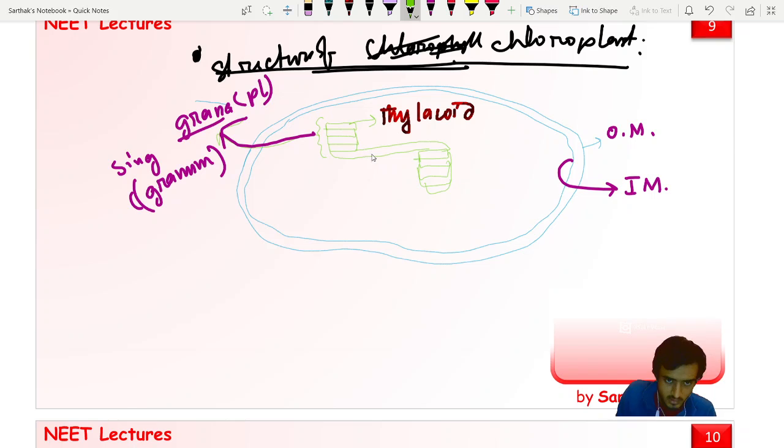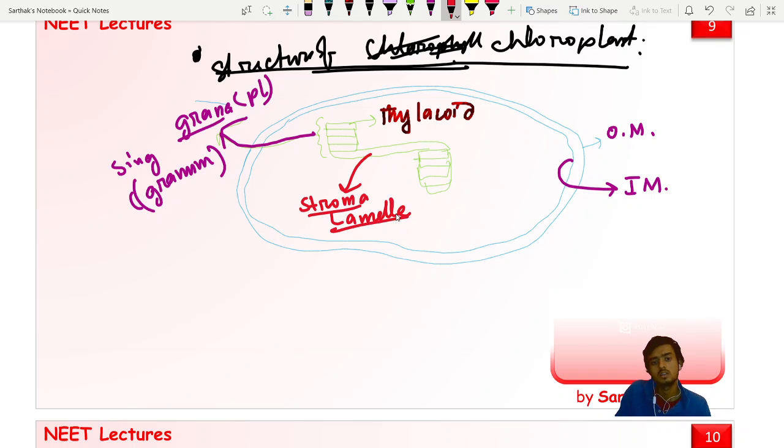This connector is also known as stroma lamellae.